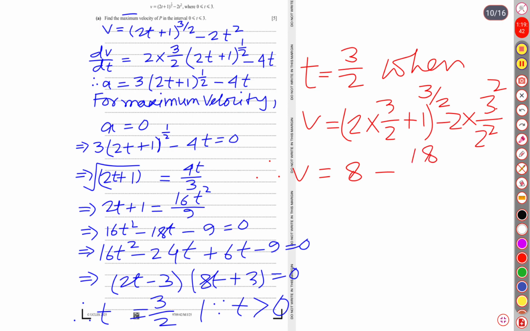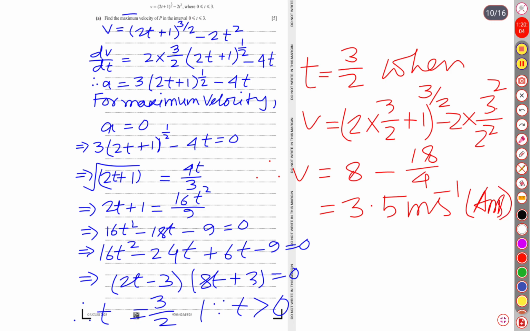Hence our velocity is going to be 8, and if we subtract 4.5, it is 3.5. So the maximum velocity of the particle is 3.5 meter per second, our final answer.